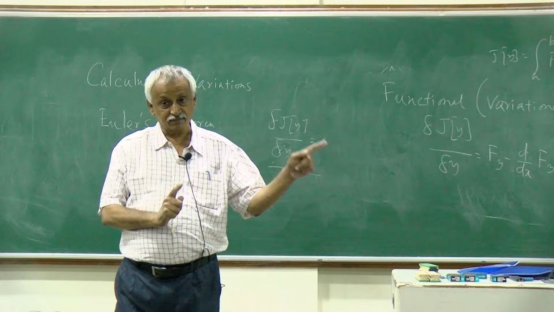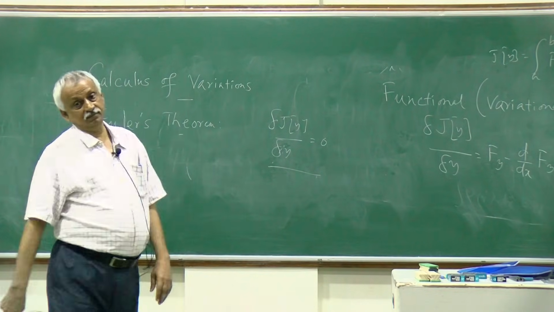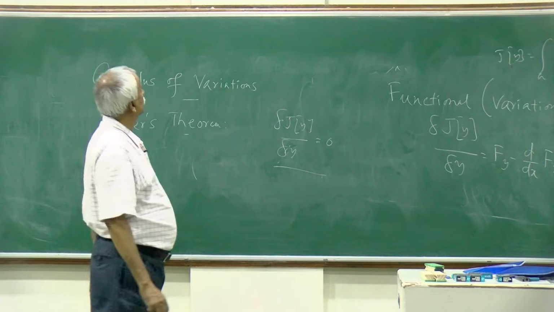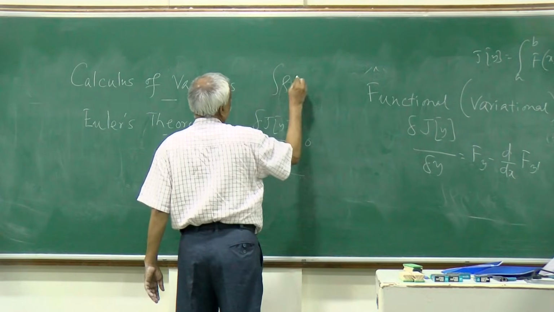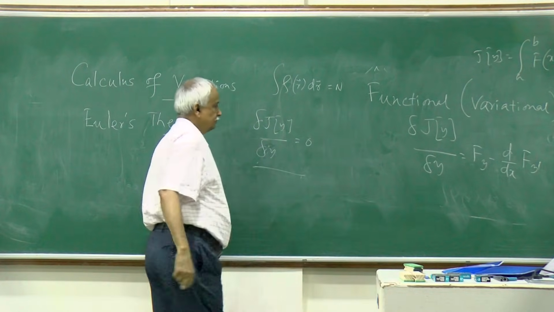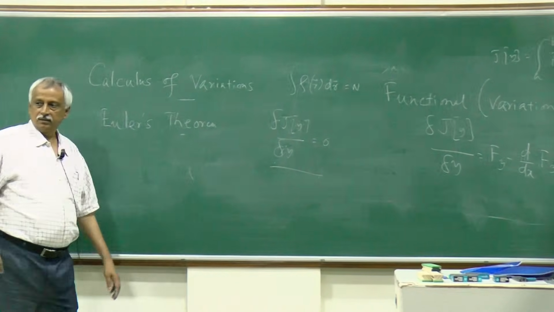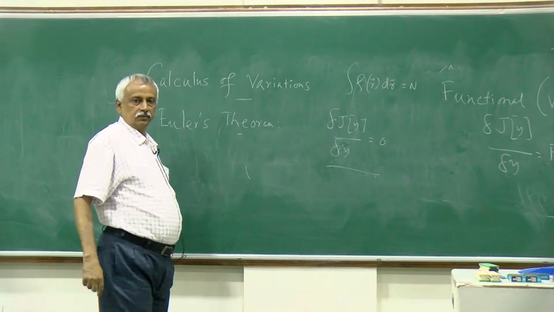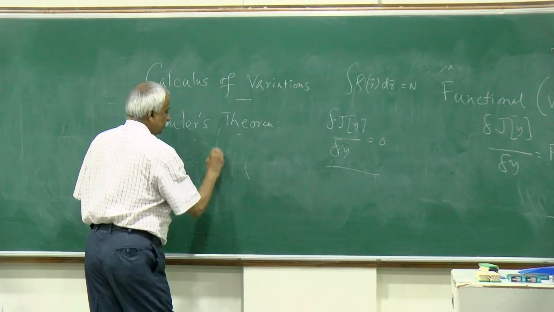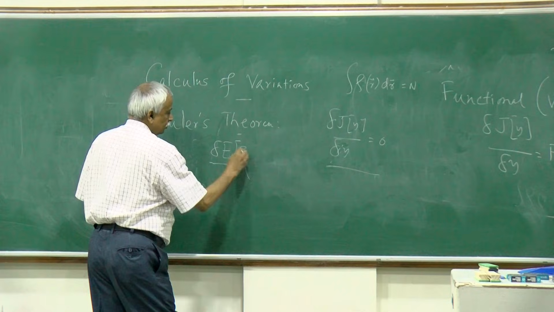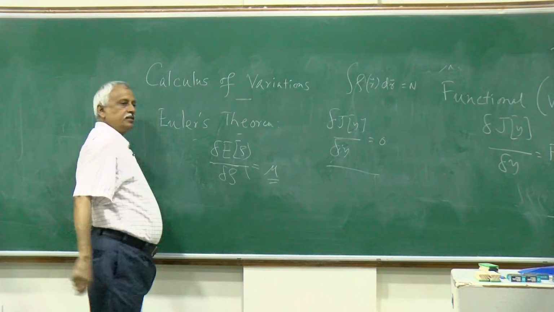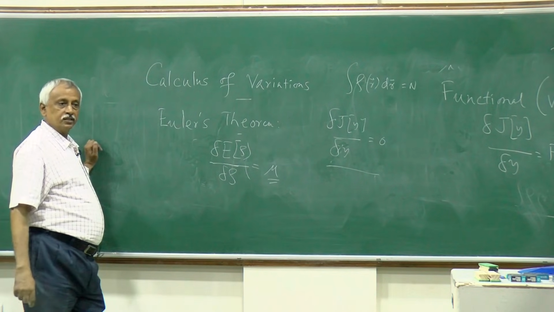Remember, he also told another thing, that the densities must satisfy the normalization condition: integral rho(r) dr must be N. So what you write basically in this case, first you can see that this would give me delta E by delta rho is mu, where mu is the Lagrange multiplier associated with the normalization constraint.